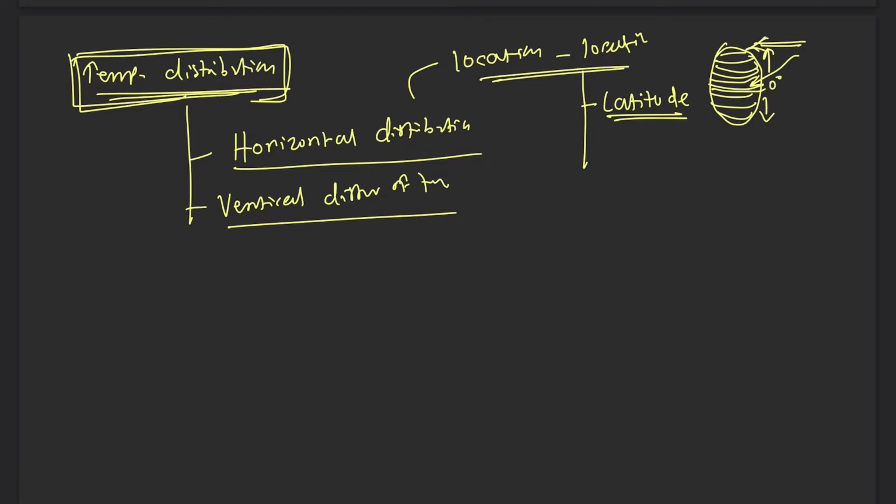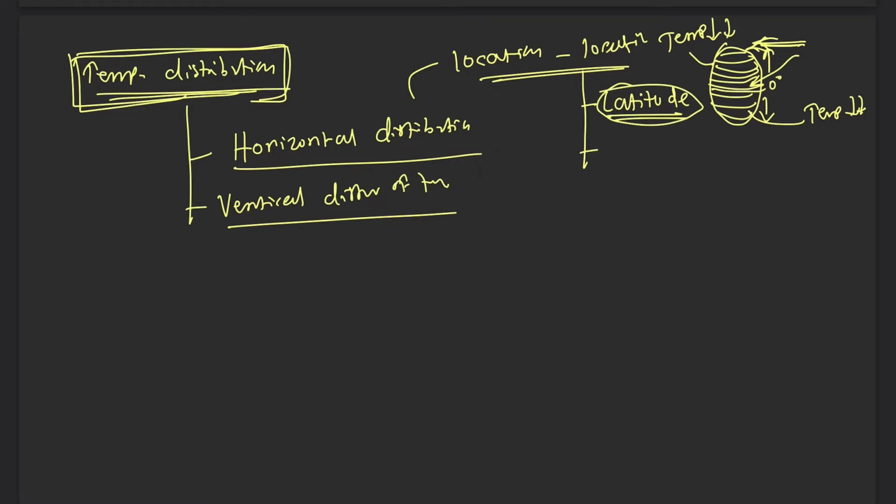The same amount of energy falls over a wider area, so the radiation is not that intense in higher latitudes. So in higher latitudes, the temperature decreases. Okay, so latitude affects the horizontal temperature variation.